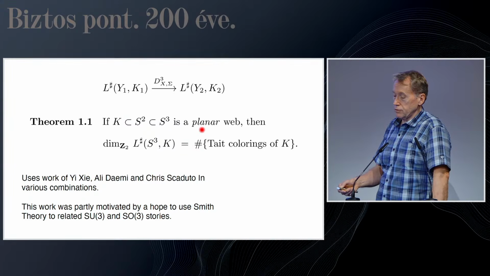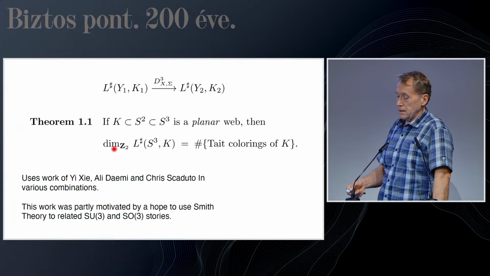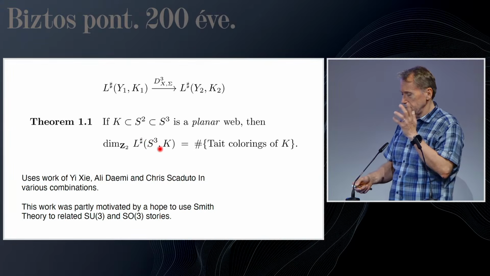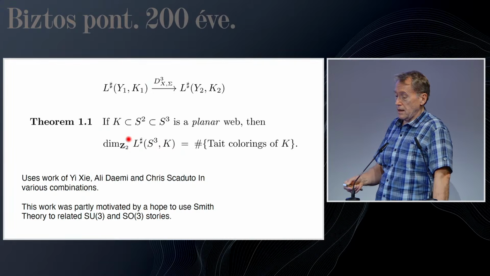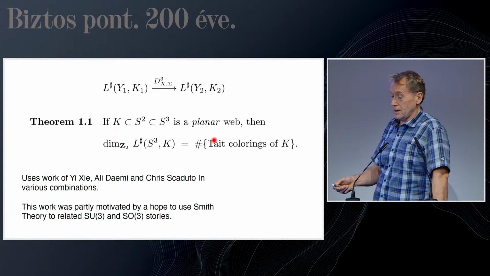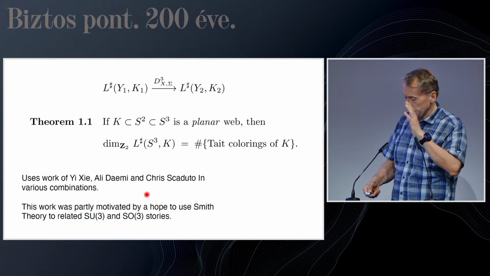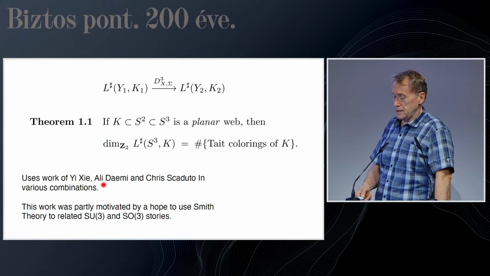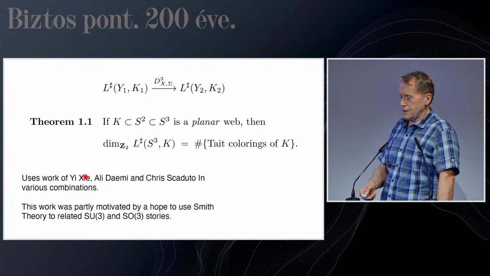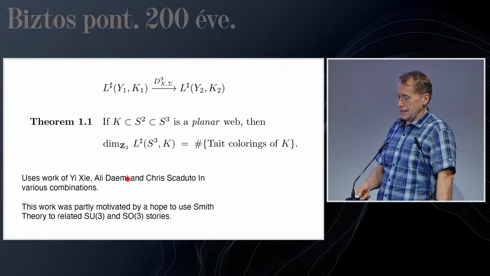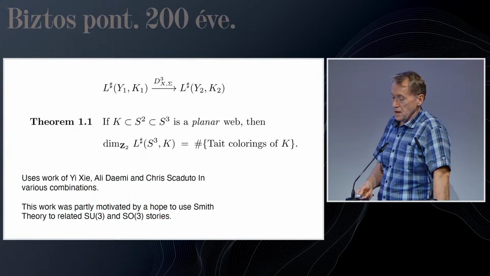What we were able to prove is that if you have a planar web, and we only did this with Z2 coefficients, by the way, also for SU3, then the rank of the Floer homology group that we defined is the number of Tait colorings. This exploits some calculations that were done by Xie and other work of Xie, Daemi, and Scaduto in various combinations.